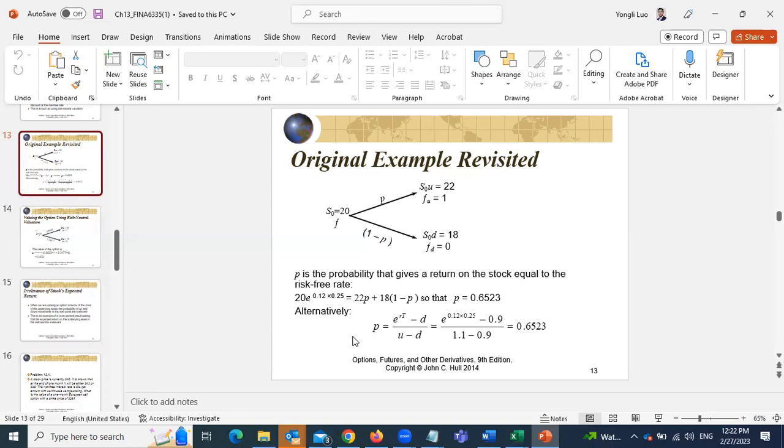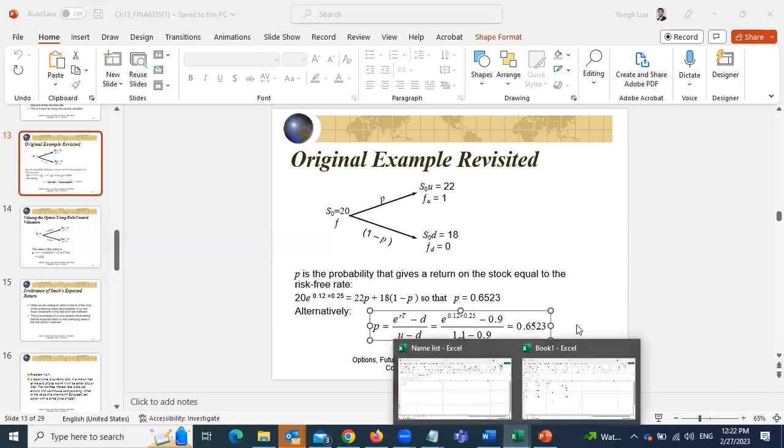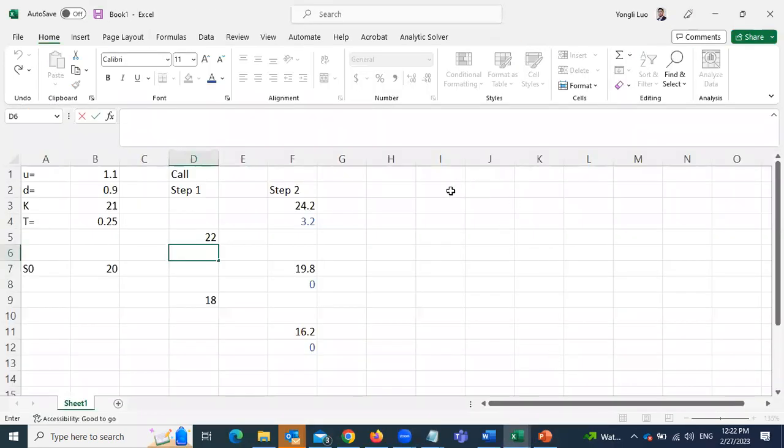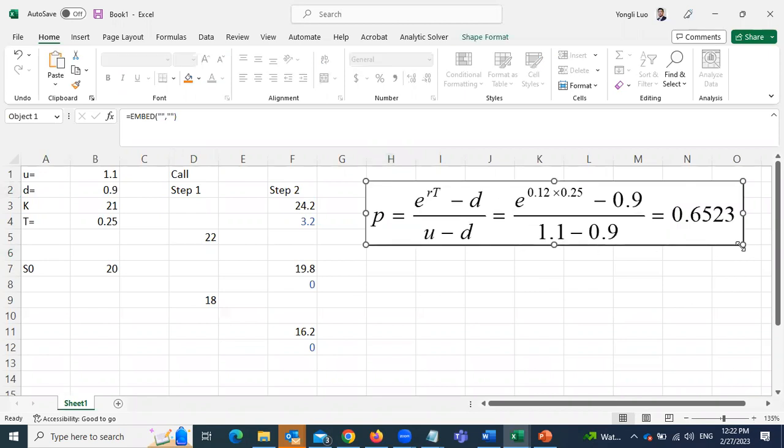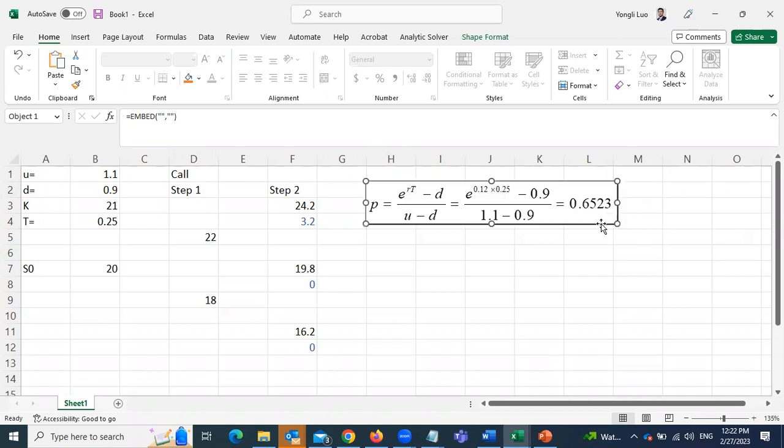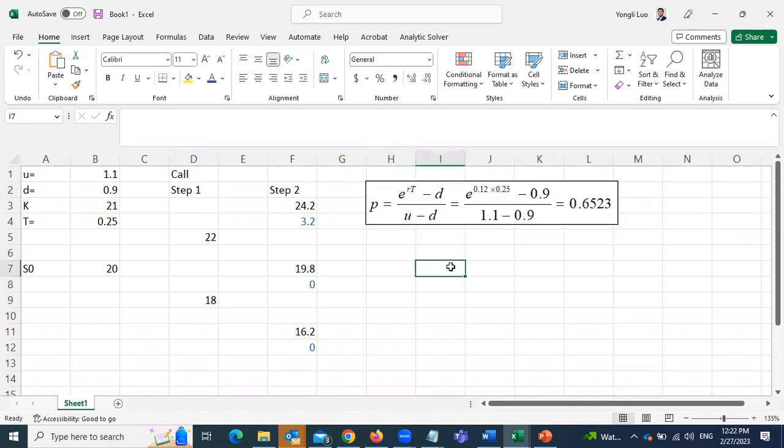You solve for the risk neutral probability. Let me copy that here so you know what I'm doing. That is the risk neutral probability, 0.6523.